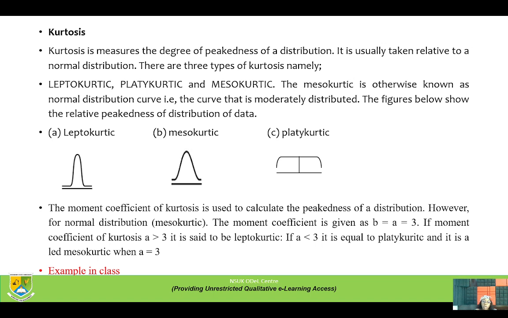If the moment coefficient of kurtosis a is greater than 3, it is said to be leptokurtic. And if a is less than 3, it is said to be platykurtic. But when a is equal to 3, it is said to be mesokurtic.